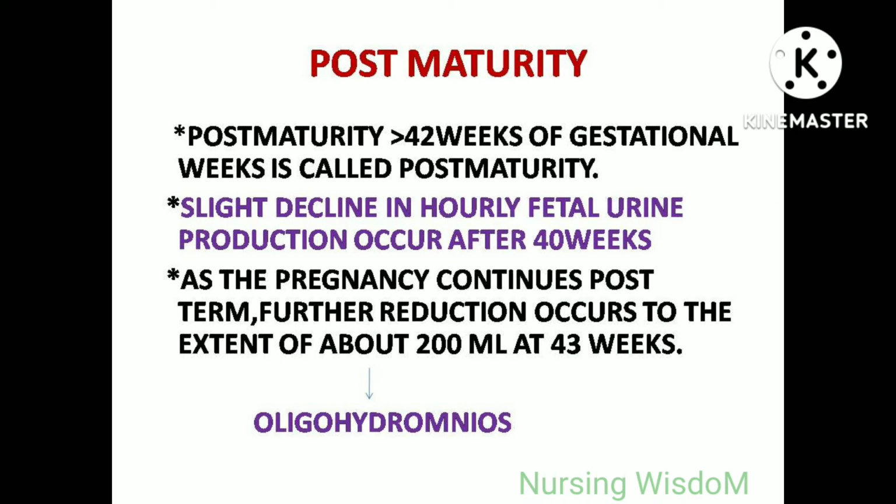Post-maturity means more than 42 weeks of gestation. A slight decline in hourly fetal urine production occurs after 40 weeks. As the pregnancy continues post-term, further reduction occurs to the extent of about 200 ml at 43 weeks. So post-term will cause oligohydramnios.